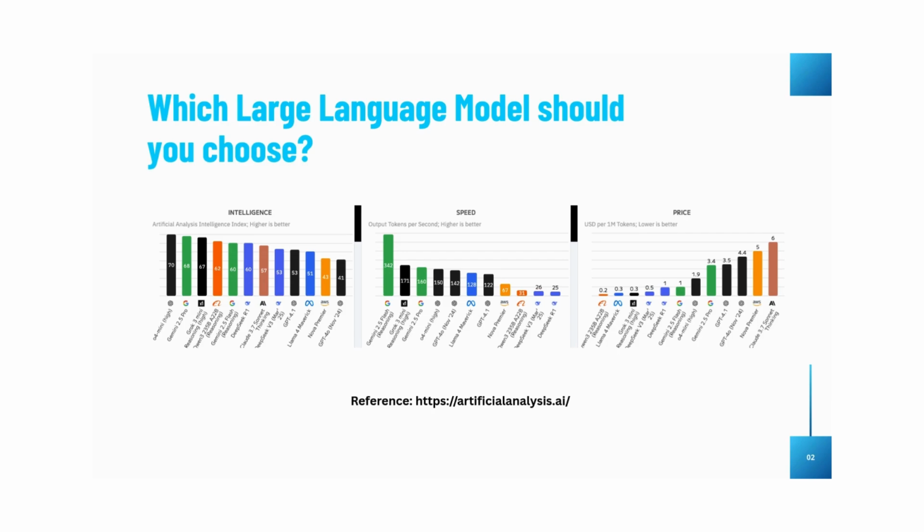If you need blazing speed, go with Mixtral on Grok. And if you want the best value, try Llama 3 or Gemma. And if you're still not decided, visit artificialanalysis.ai to explore live comparisons and find the perfect LLM for your needs.